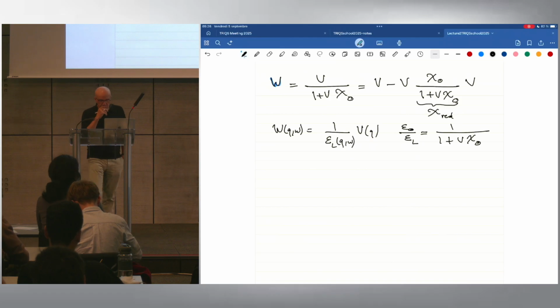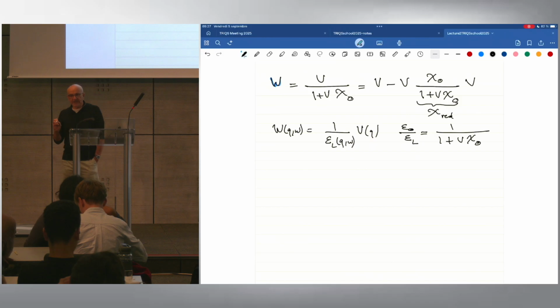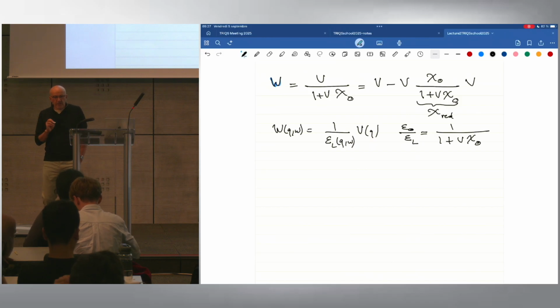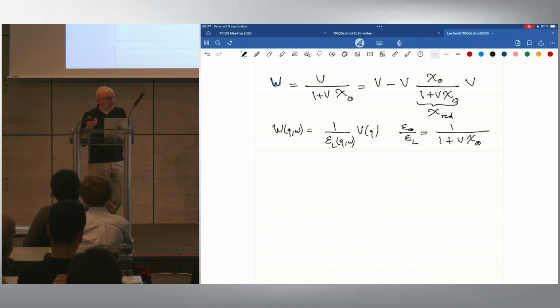Okay. By the way, incidentally, please note that this equation is dimensionally correct, which is always a good thing to check when you do a calculation. V has dimension of energy. Chi naught has dimension of 1 over energy. Why is this? Because chi naught is a density-density correlator, right?